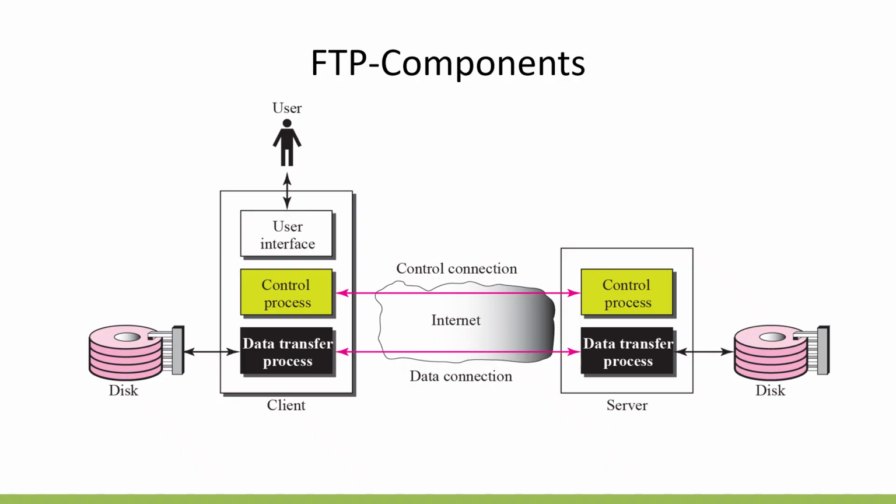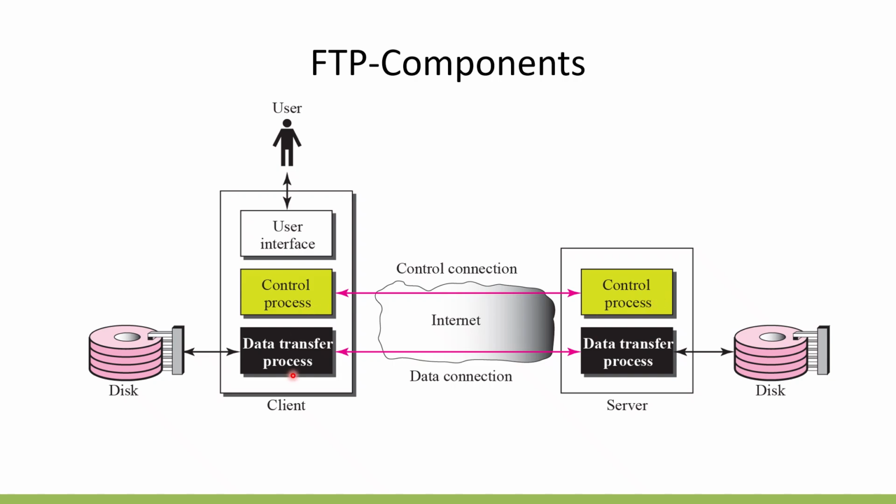The client has three components: user interface, client control process, and client data transfer process. The server has two components: server control process and server data transfer process. The control connection is made between the control processes.